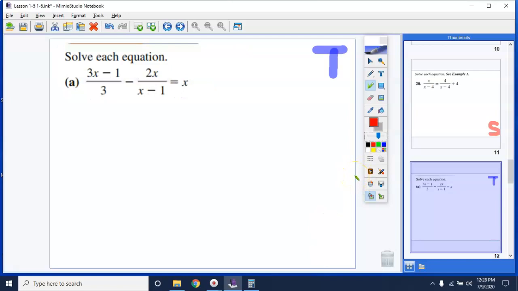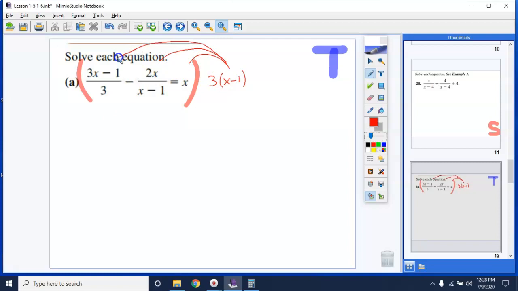And the second part of this lesson is this one, folks. This time the bottom part is a little bit different, but I'm going to use a similar strategy. So let's multiply both sides by 3x minus 1. Every single term is going to be multiplied by this.